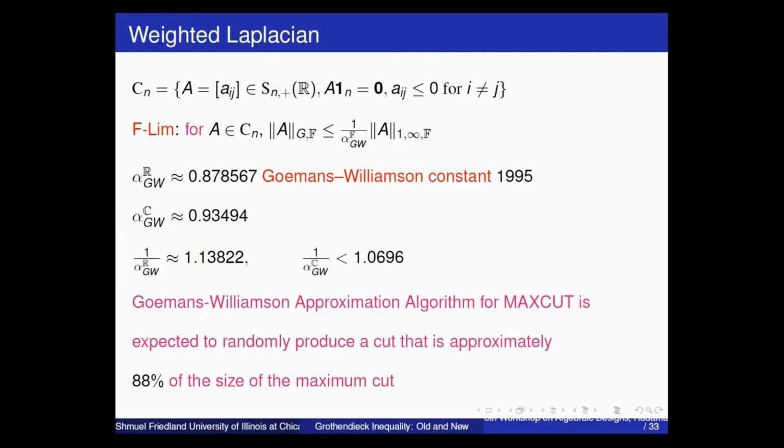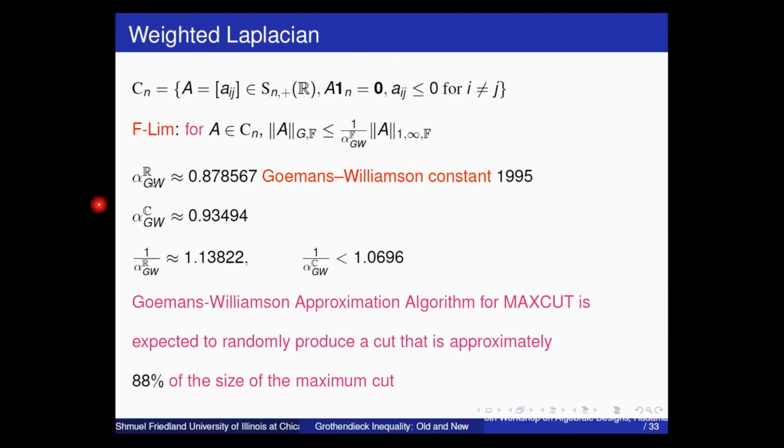This is the definition of the weighted Laplacian. You just assume that the off-diagonal entries of the matrix are non-negative, and A times 1_n is 0. So it's the same as for regular graphs, although the weights are just non-negative numbers instead of 0, 1.